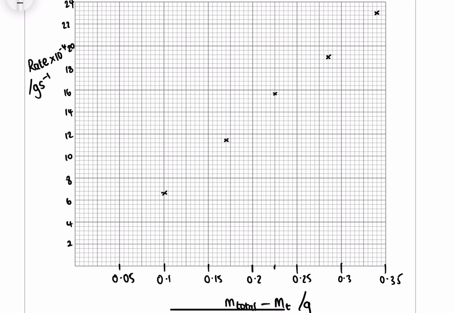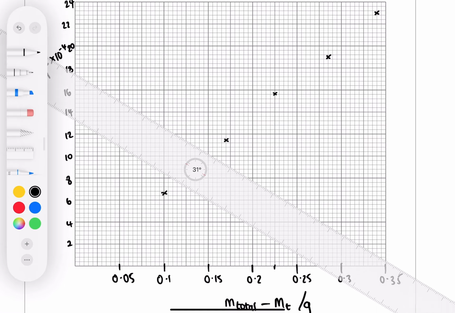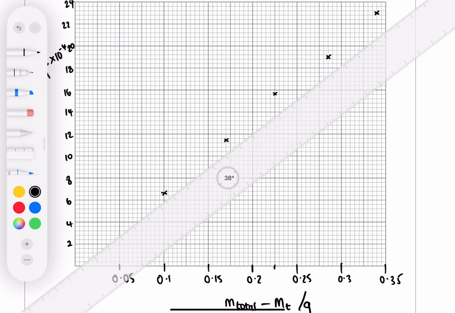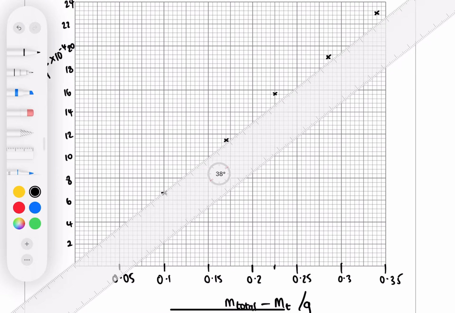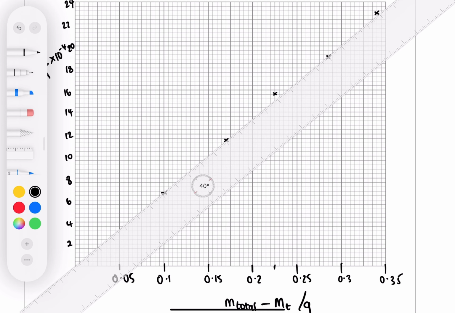So I've plotted my points, and now I need to use a ruler to draw a line of best fit through these points. It looks like this is going to go through the origin. Remembering that when drawing a line of best fit, if they're not all going to lie on the line, you need to have equal points above and below the line.